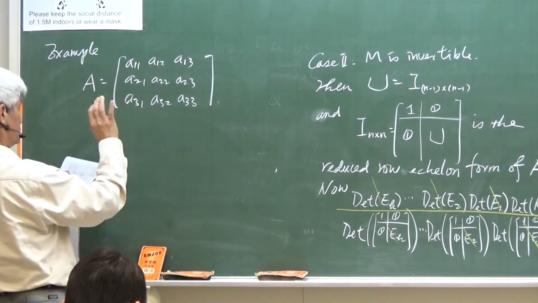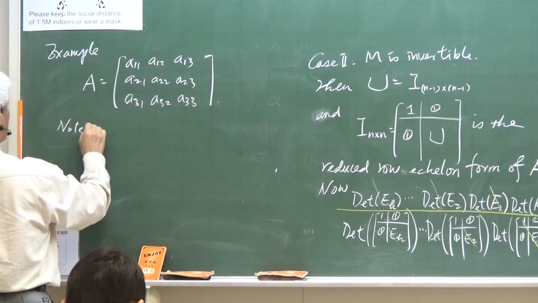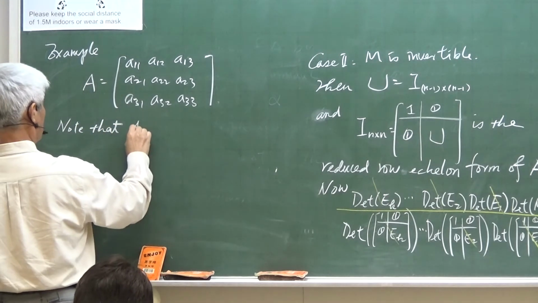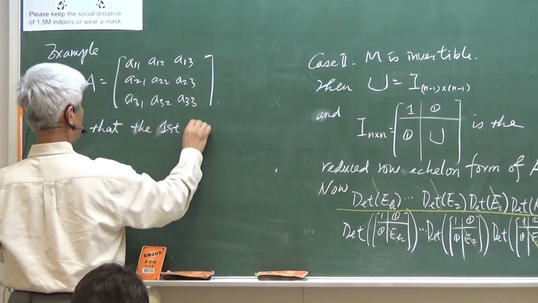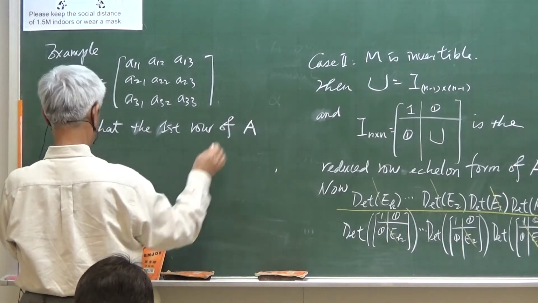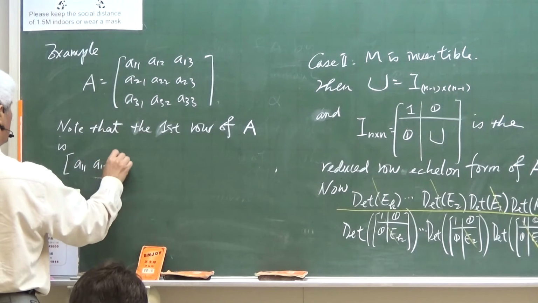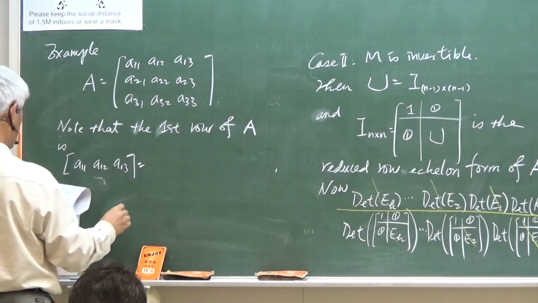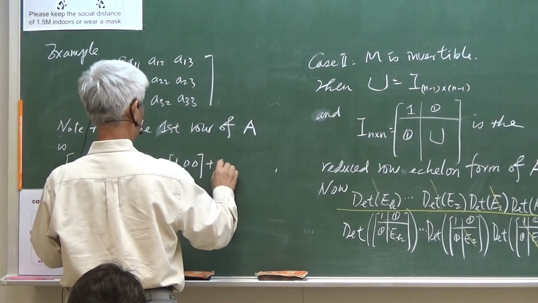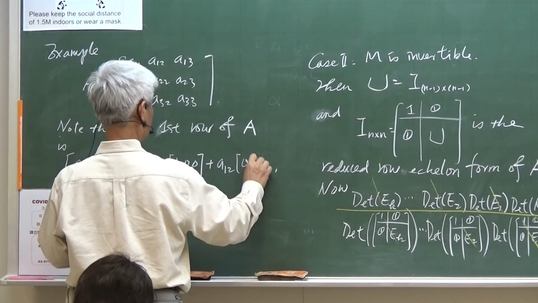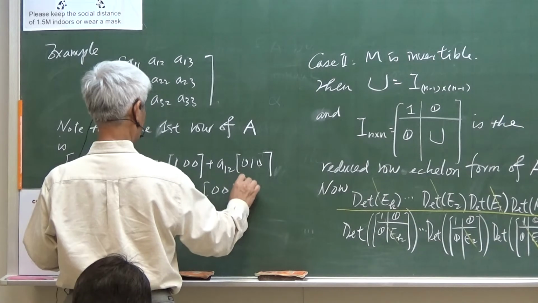Now, we know that the first row of A is A11, A12, A13, and it's a linear combination of A11 times 1, 0, 0, plus A12 times 0, 1, 0, plus A13 times 0, 0, 1.